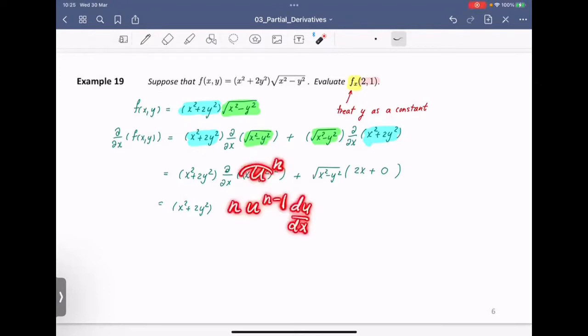Because if your inner function is not just x, you need to differentiate the inner function. Remember when you learned with Ajahn Ratinan last semester? So here you're going to have x squared minus y squared to the 1/2. So you get 1/2 x squared minus y squared raised to the negative 1/2. Make sense? And then you differentiate with respect to x of the inner function.